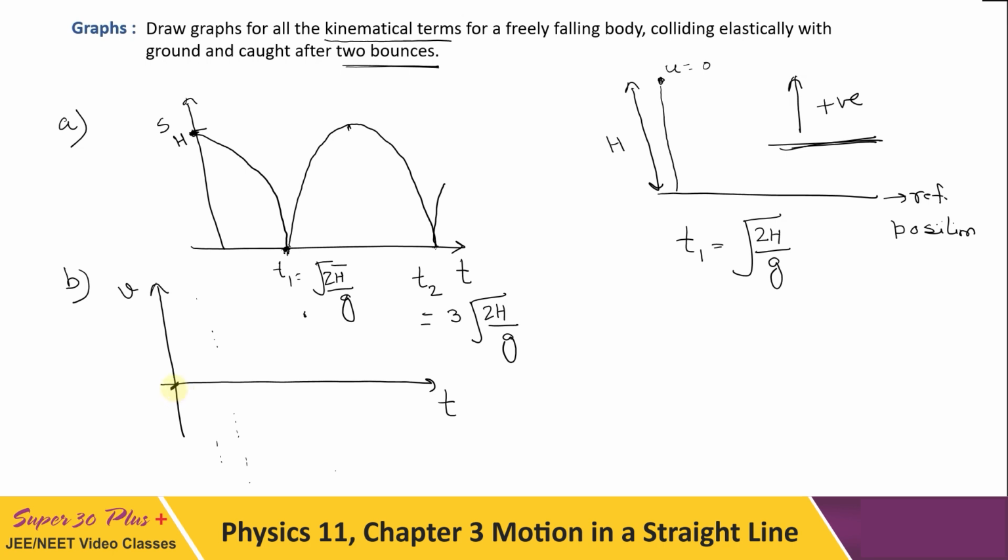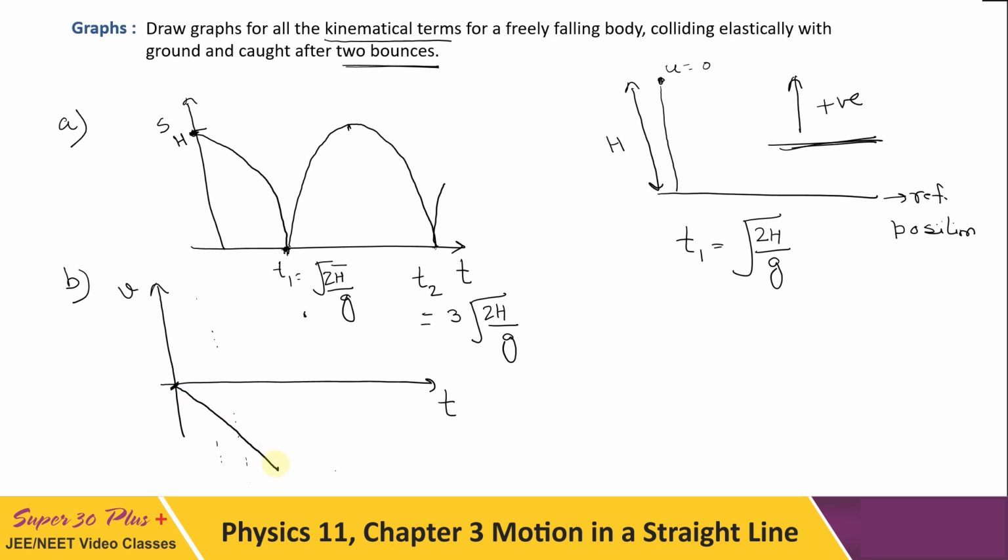Its direction, because it is being dropped, has to be downward, which we are taking here as negative direction. It will go on increasing in the negative direction, and will reach its maximum value when it strikes the ground. At this moment itself, its velocity will get reversed because it is changing its direction.